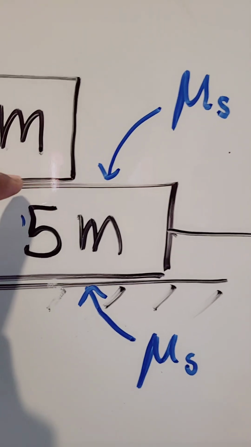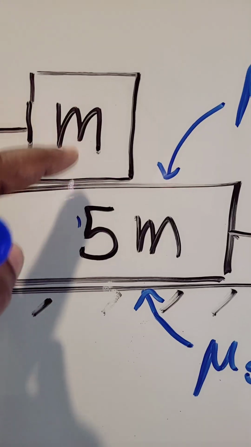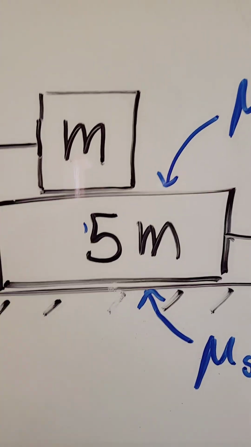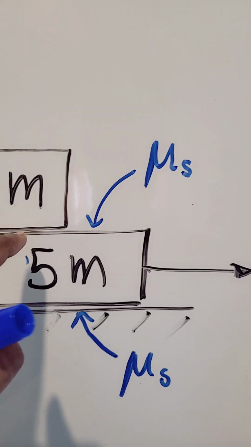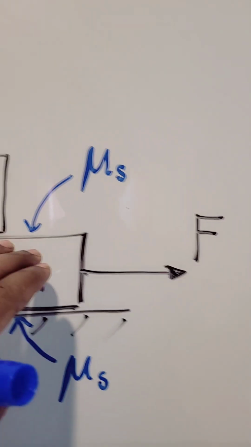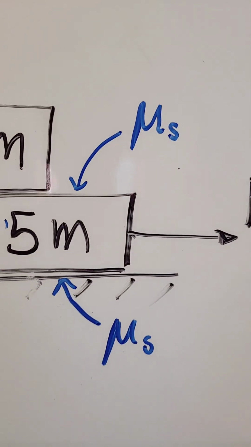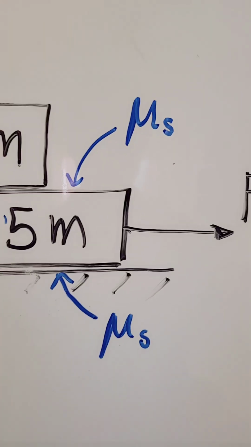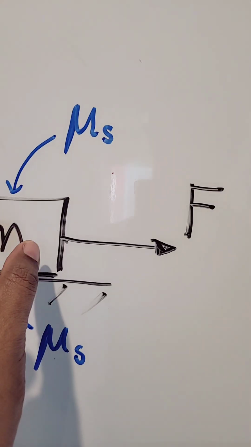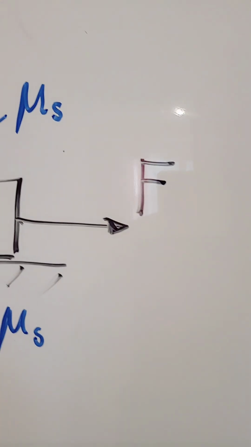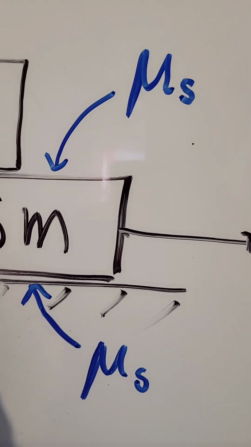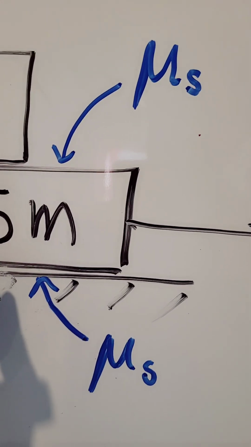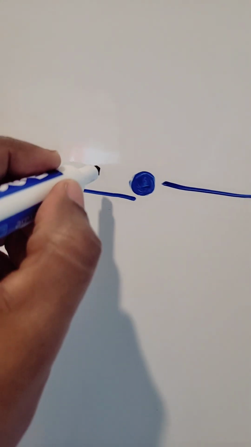And what about this interface between m and 5m? That's also rough, so there's a static friction force there as well. And that's also in the opposite direction, because this object is trying to move in this direction, so the force on 5m due to friction is in the opposite direction.